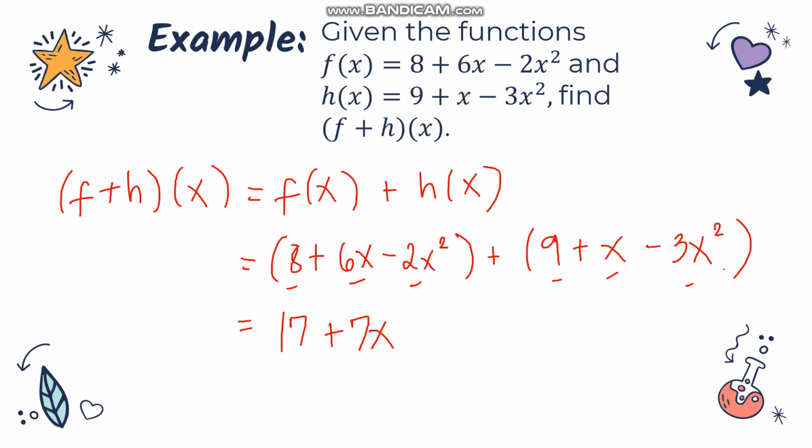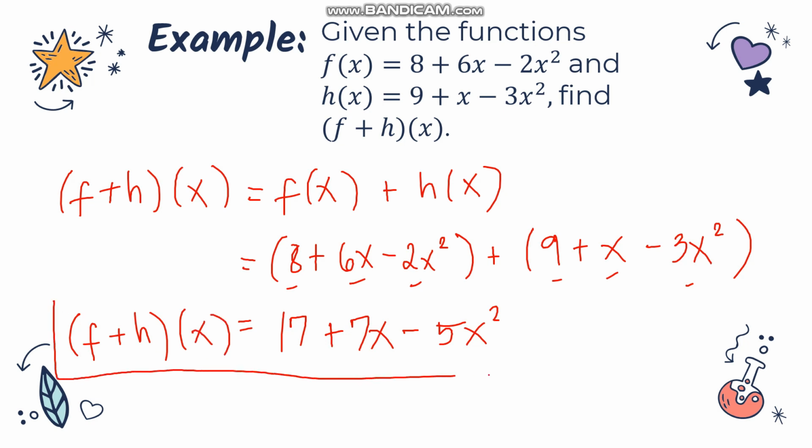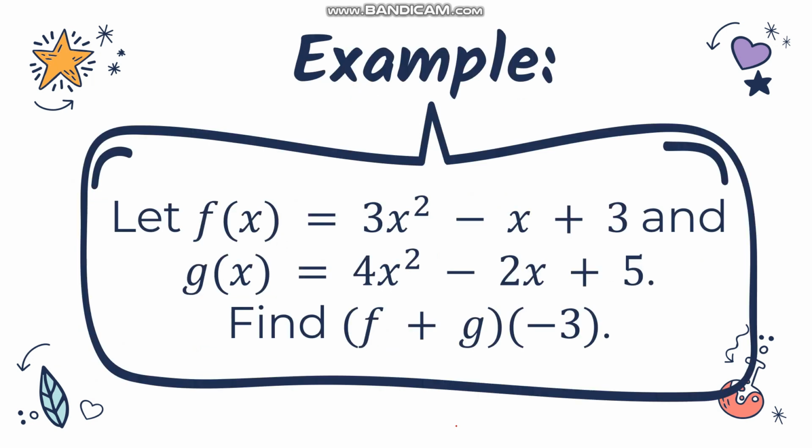So negative 2x squared plus negative 3x squared, that will give us negative 5x squared. Now check if you can still simplify this. So it seems that this is already simplified. Therefore, our final answer is 17 plus 7x minus 5x squared. So that will give us the sum of f of x and h of x.